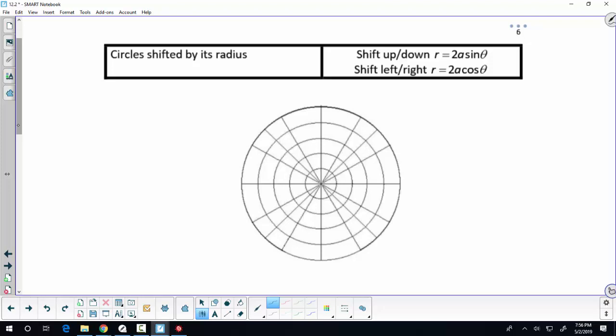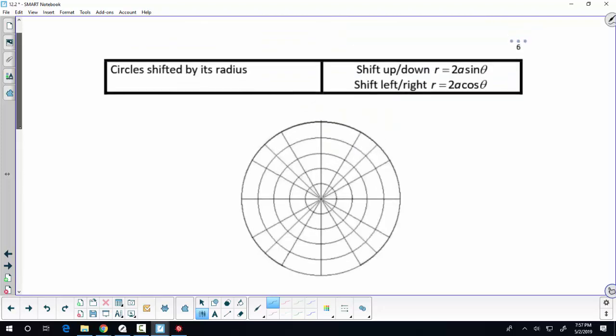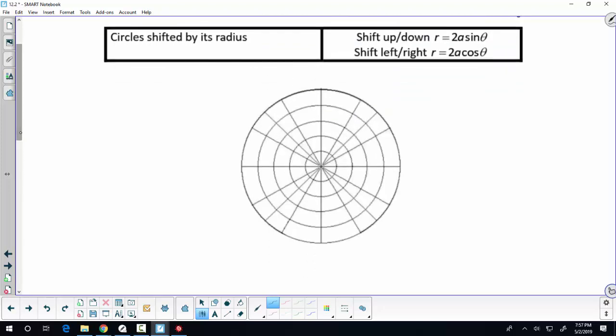So a circle shifted up or down is r equals 2a times sine theta. Shift left or right, r equals 2a cosine theta, sorry.